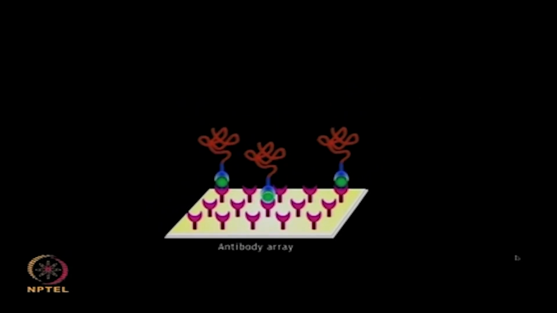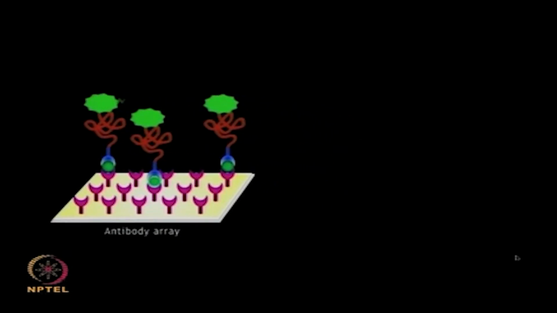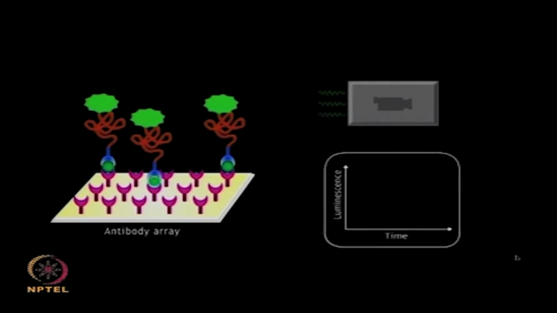The excess unbound antibody is washed off and the chemiluminescent substrate is then added, which reacts with enzyme and emits the light. This is detected by means of a CCD camera and a plot is obtained as shown on the right hand side. A graph is plotted between time and luminescence.